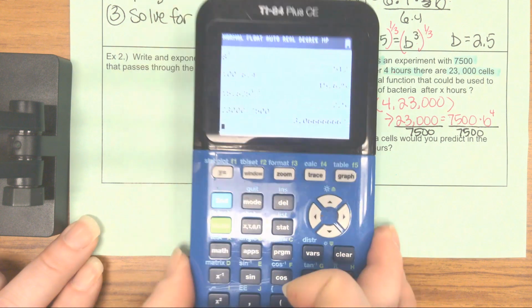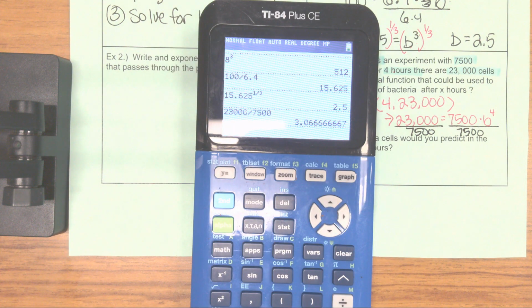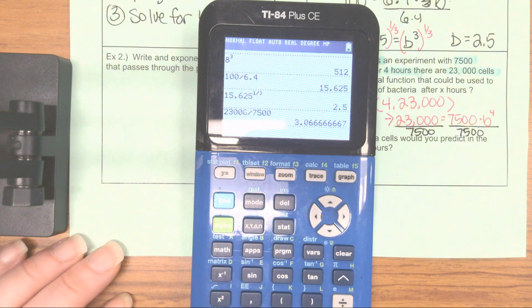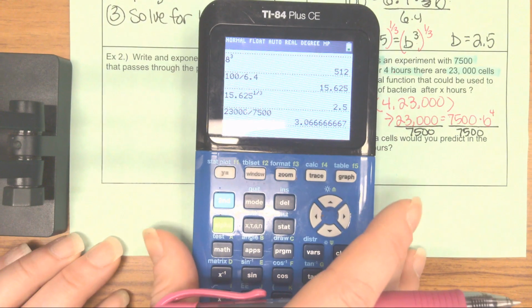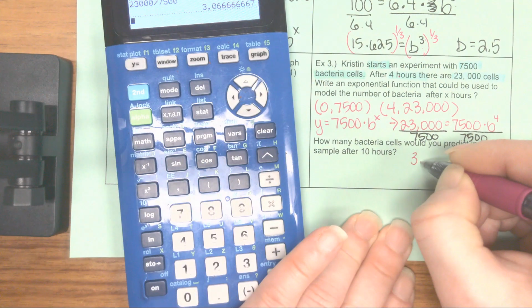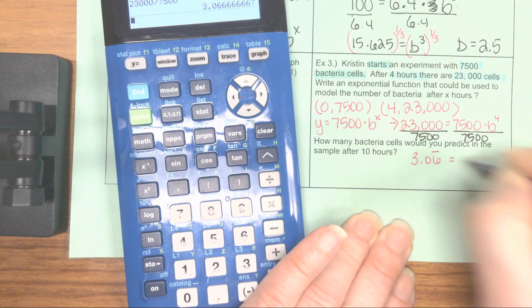And I'm going to go ahead and keep that number in my calculator. Is that what you guys got too? The reason why I'm going to keep it in my calculator is if you round it, it would be like 3.1, but I want to make sure that I get the most exact answer. So I'm going to write 3.06 repeating, because that's what b to the fourth is.